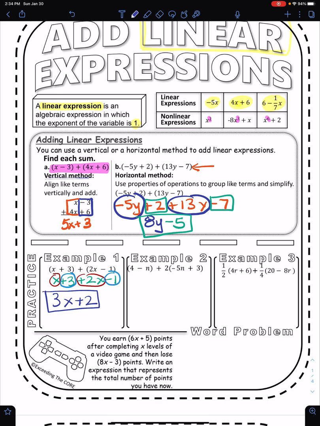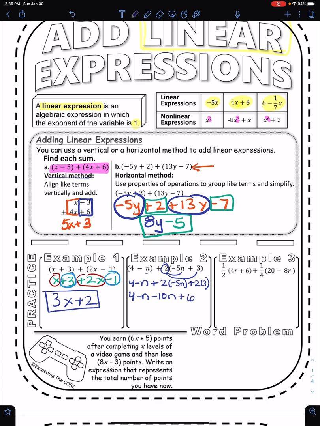This next one says 4 minus n, and then we're adding 2 times this expression, negative 5n plus 3. So I'm going to have to use the distributive property. I'm going to do 4 minus n, and then 2 times negative 5n and 2 times 3. So I'm going to write that again, but actually multiply: 2 times negative 5n gives me negative 10n, and 2 times 3 is 6.